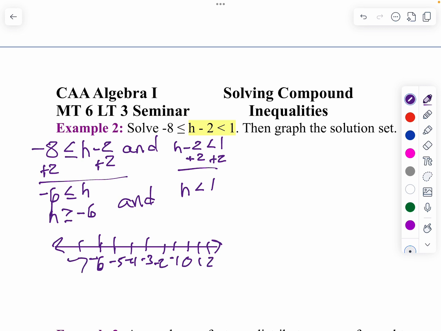Now I'll have greater than or equal to negative 6 and less than 1, and I'll shade in between those two. That's one way to do it.